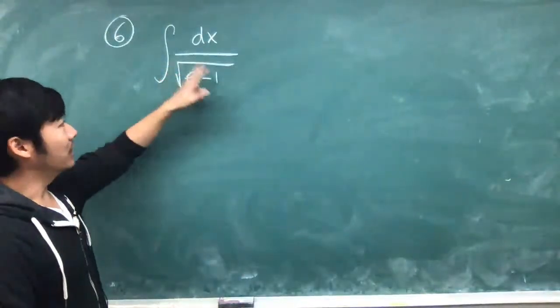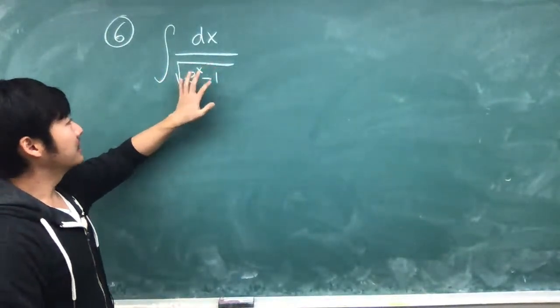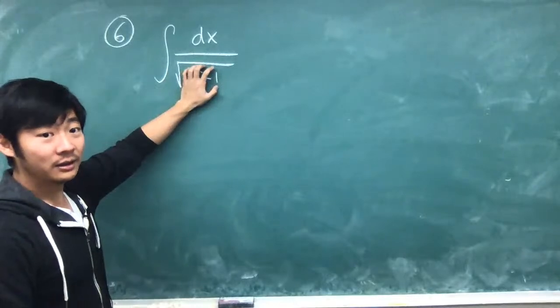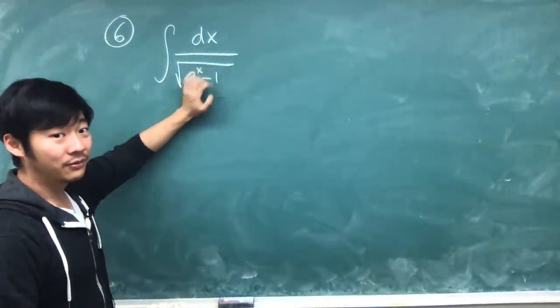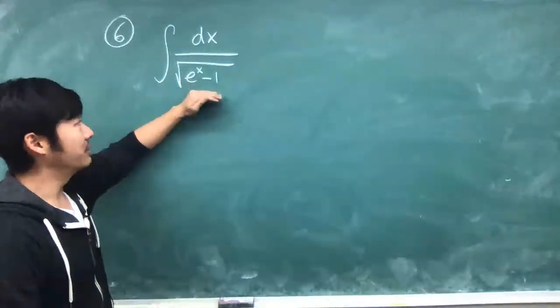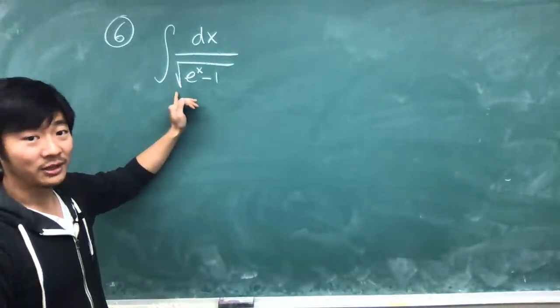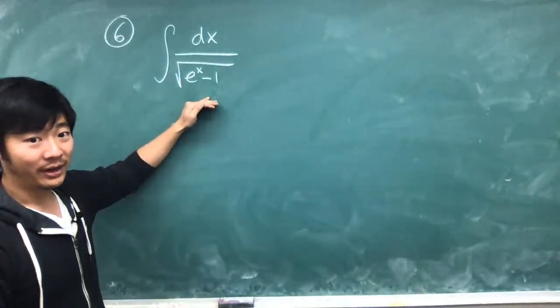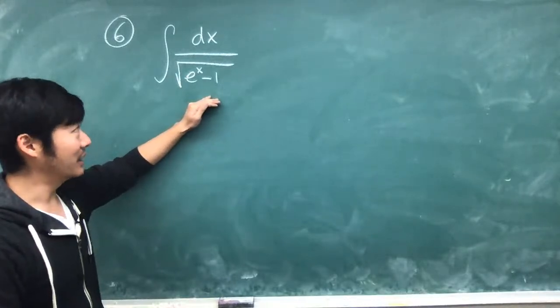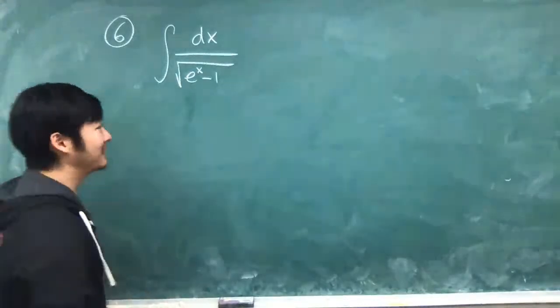There is a square root here, and there's something kind of complicated. It would be really nice if this inside part was something squared, because then it would cancel out with the square root. So I'm pretty sure it's going to work, but I'm not 100%. So let's just try it.